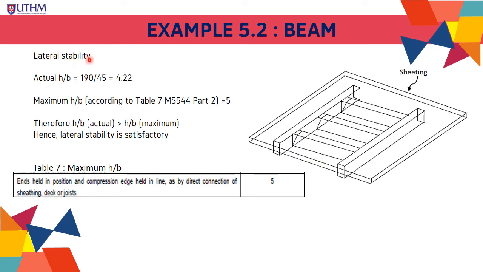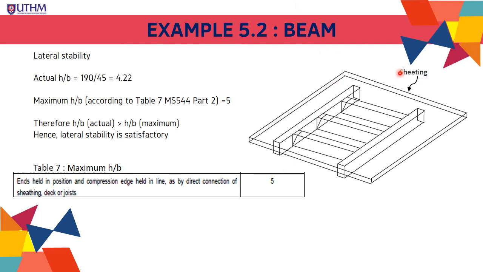Lastly, we check for the lateral stability. We calculate our H over B for the timber beam, which is 4.22. So we use Table 7 Malaysian Standard Part 2 to get the maximum H over B. I screenshot part of Table 7.